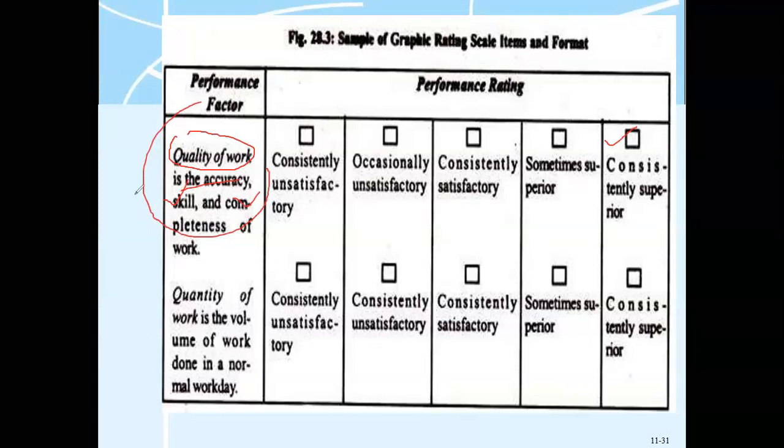So like this, there are many points that companies design for performance appraisal, right? And then these points are matched with the characteristics of an individual, the traits of an employee, and accordingly the performance appraisal rating is calculated and given to a particular employee, right?